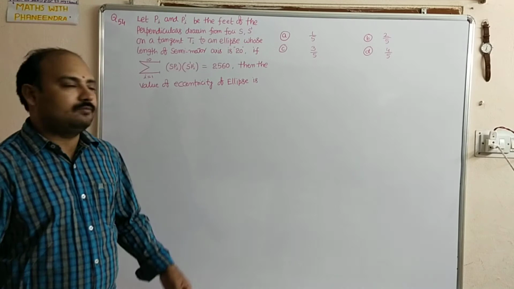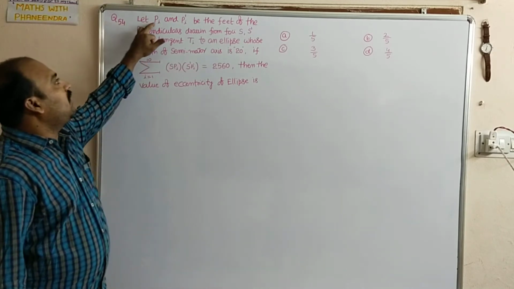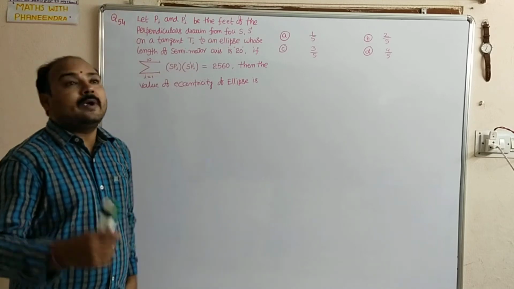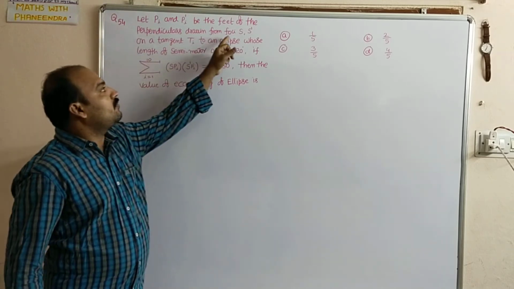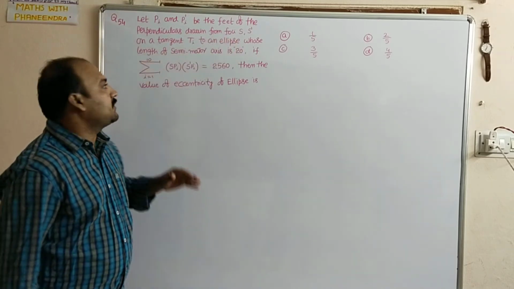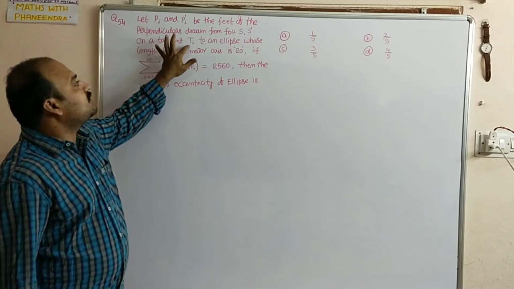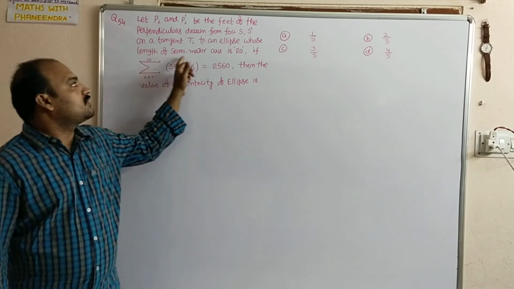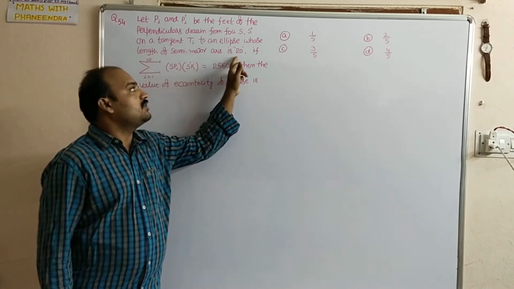The next question. Let Pi and Pi dash be the feet of perpendiculars drawn from the foci S and S dash on a tangent Ti to an ellipse whose length of semi-major axis is 20.